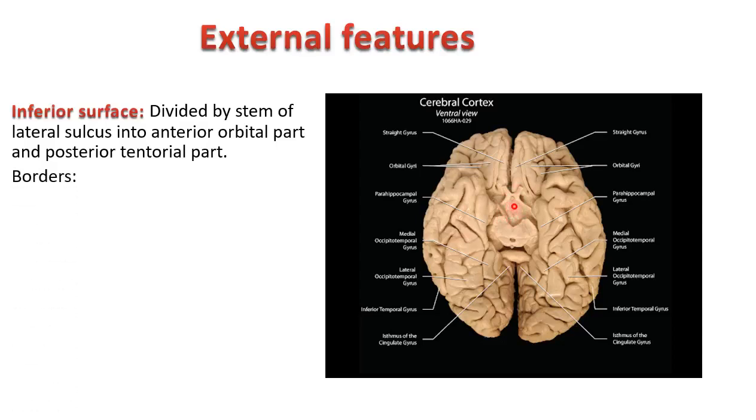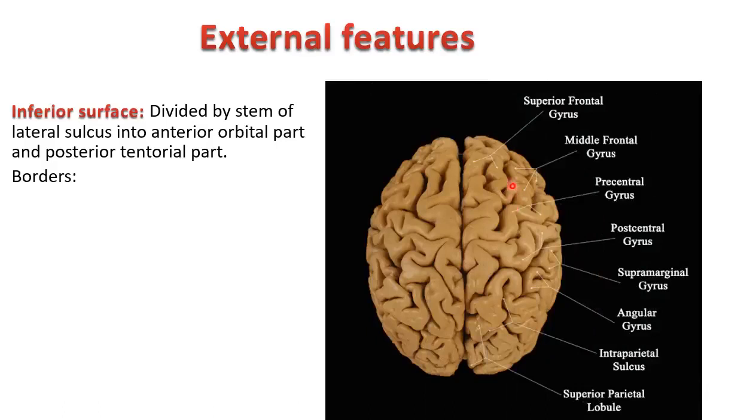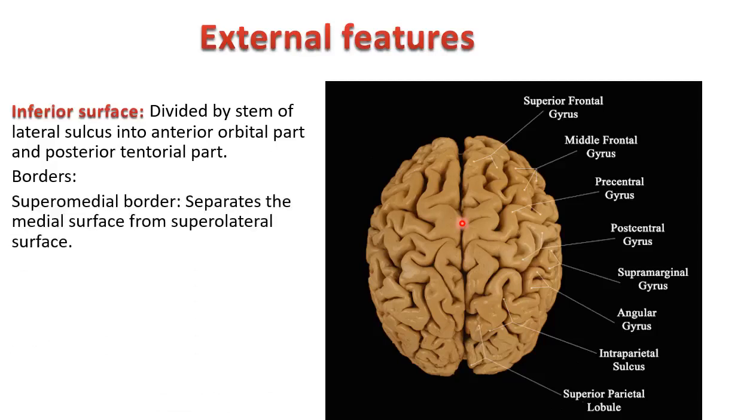Mainly you come across three borders: the superolateral border, the inferolateral border and the inferomedial border. First, the superolateral border. It separates the lateral or superolateral surface from the medial surface.